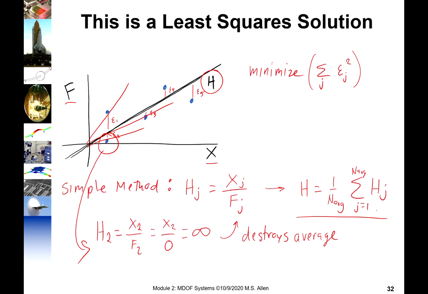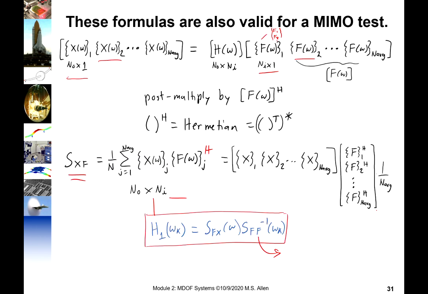The other thing that's nice about these methods is notice that even if we have a large system with lots of data, this can be built as a running average. So we can take the jth measurement, we take the first measurement, we compute this, we take the second measurement, add it with the appropriate scale factor, right?